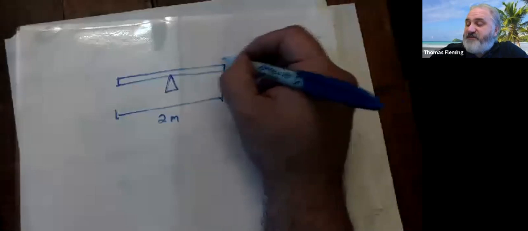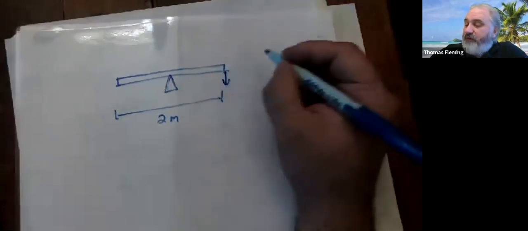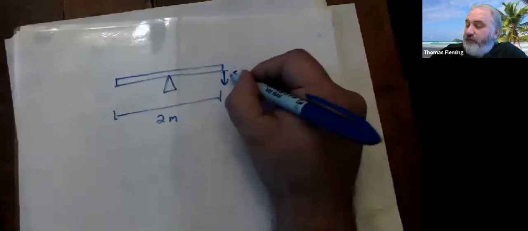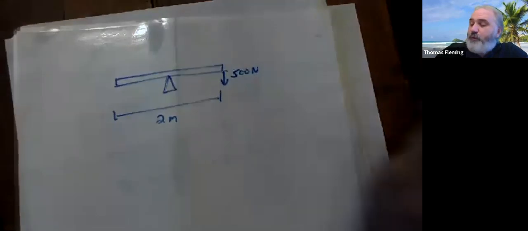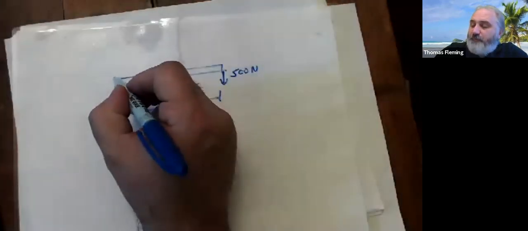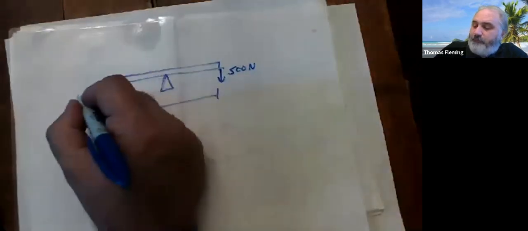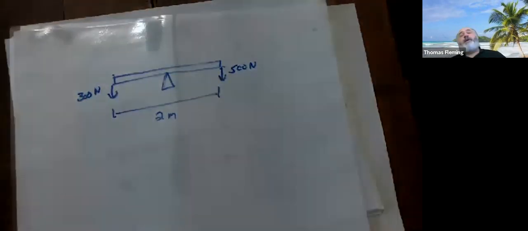Let's imagine the kid sitting on this side is going to push the seesaw down with a force of, let's say, 500 newtons. Meanwhile, on the other side of the seesaw, the other kid is smaller. He's going to generate 300 newtons of force, also pulling the seesaw down.